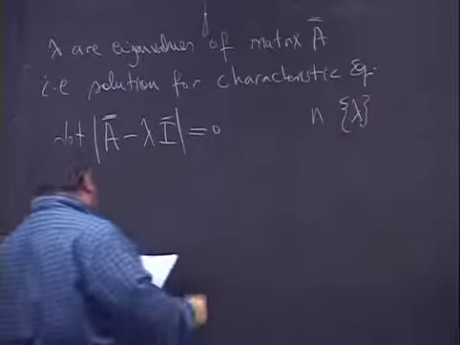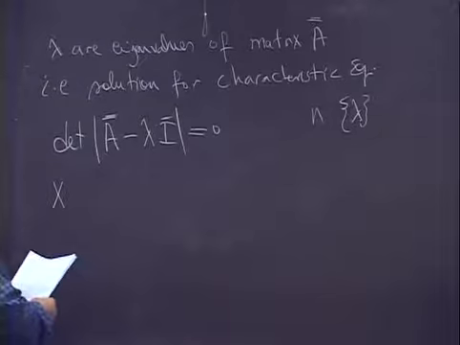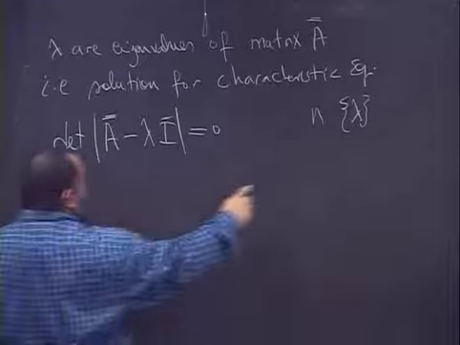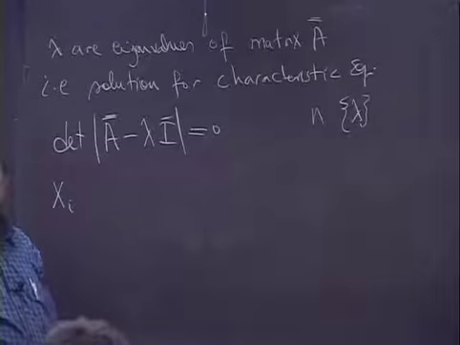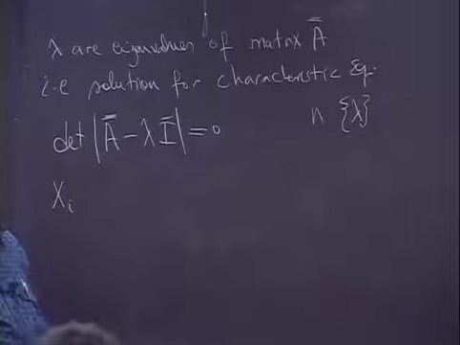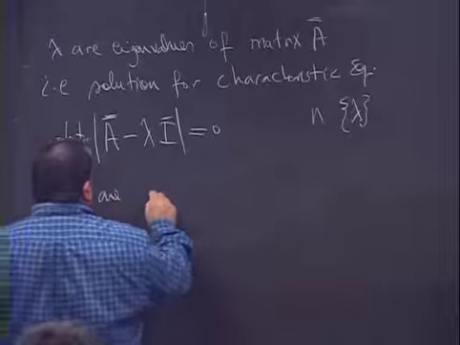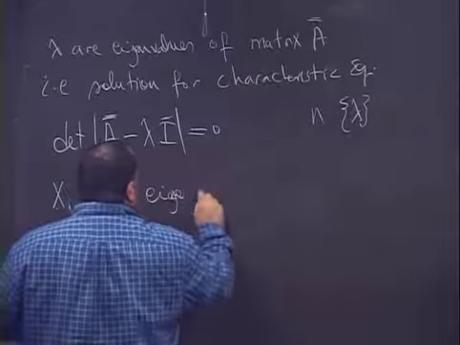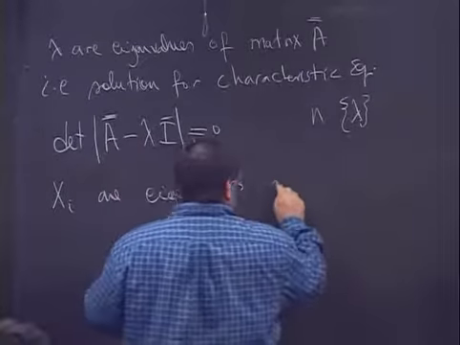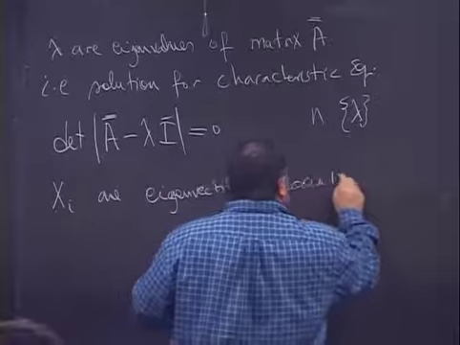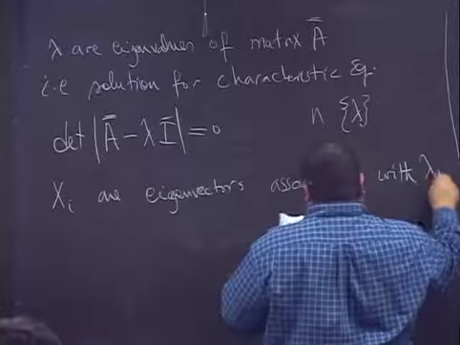Call it lambda sub i. And what are the x? Lambda sub i is the individual element of the vector lambda, and x sub i is the individual vector value for the vector x. So x sub i are the eigenvectors associated with lambda sub i.